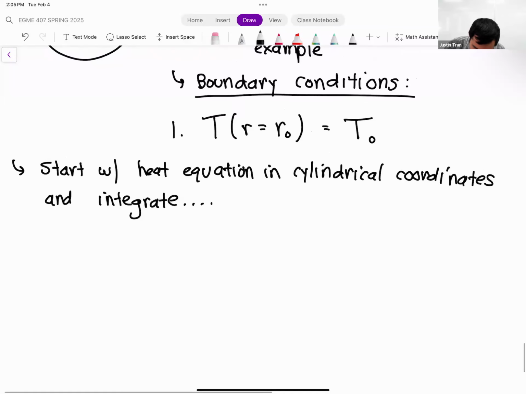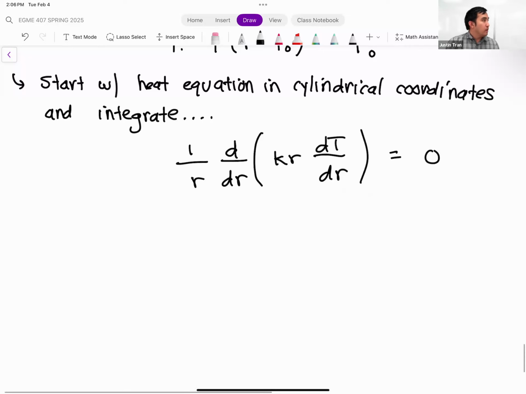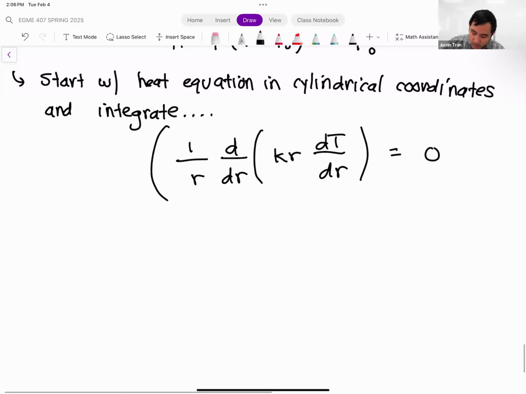Okay, so remember what we started with last time was 1 over r times d/dr of k r dT/dr is equal to 0. All right, so first thing we're going to do, we're going to multiply both sides by r. That's going to eliminate that r on the left-hand side.